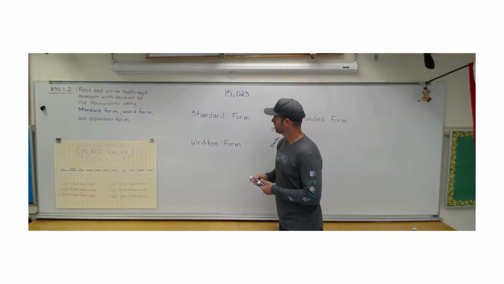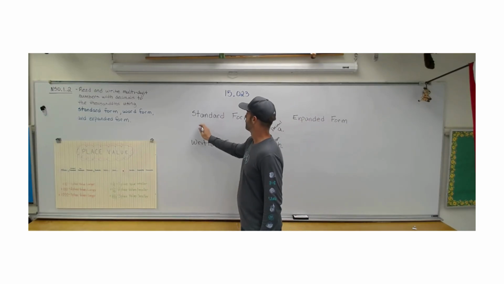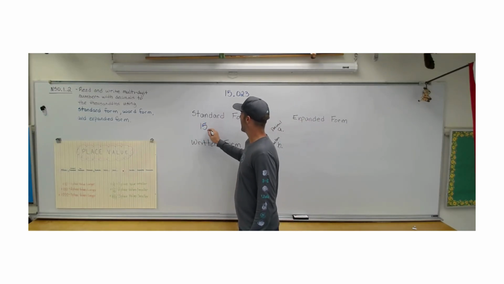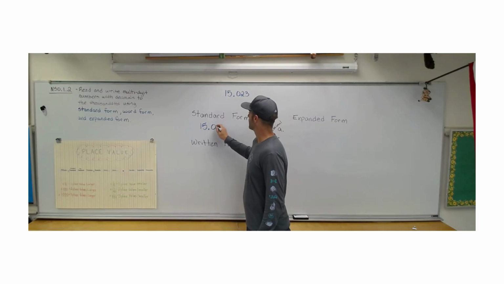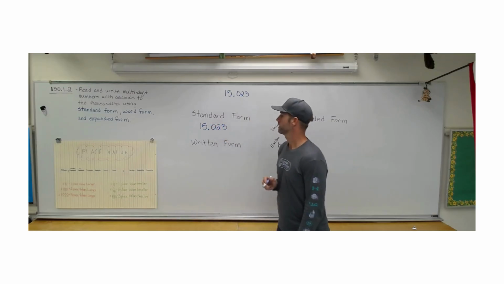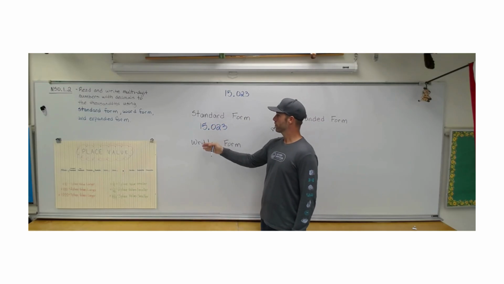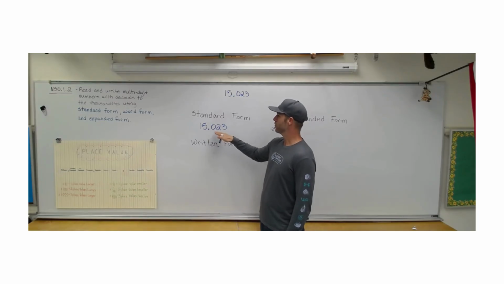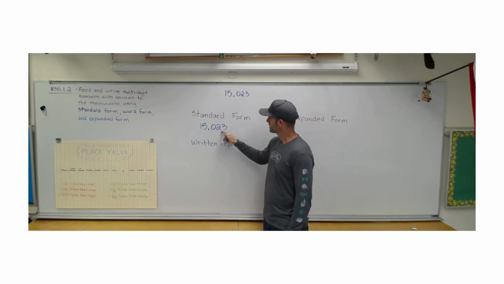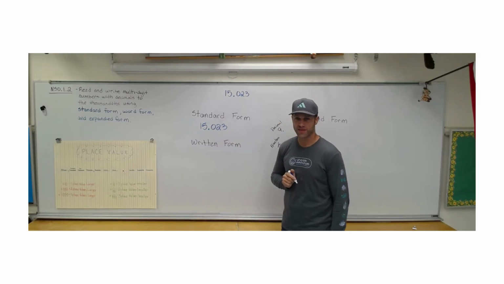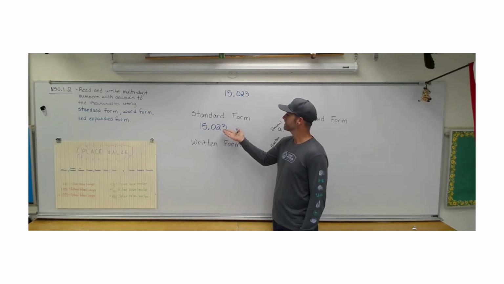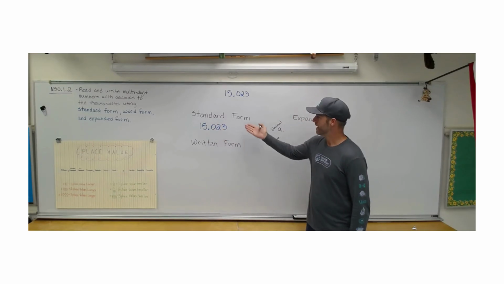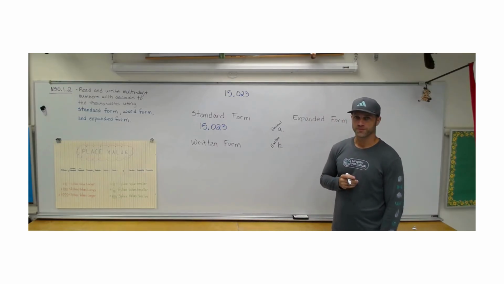So when I look at this, I have the number 15 and I have the number 23. So in standard form, we have 15 and we have 23, and this last place value is in the thousandths place, which means this is 15 and 23 thousandths. And that is written in standard form.